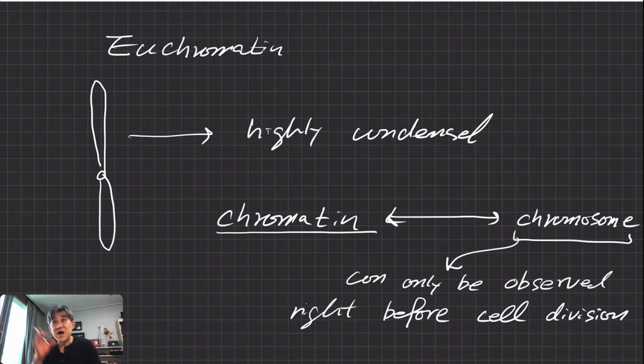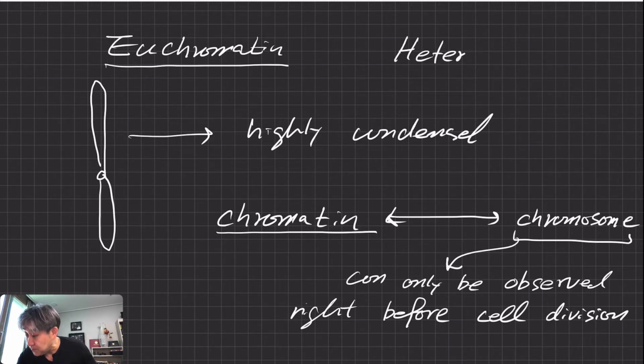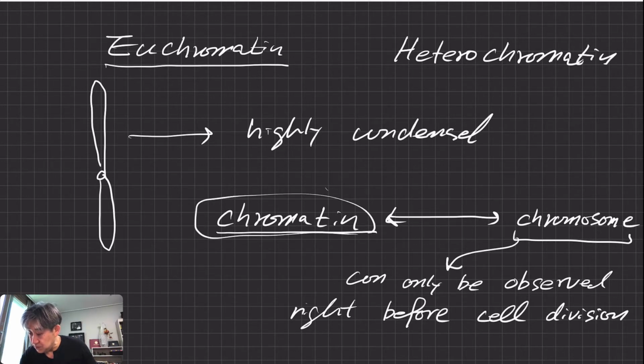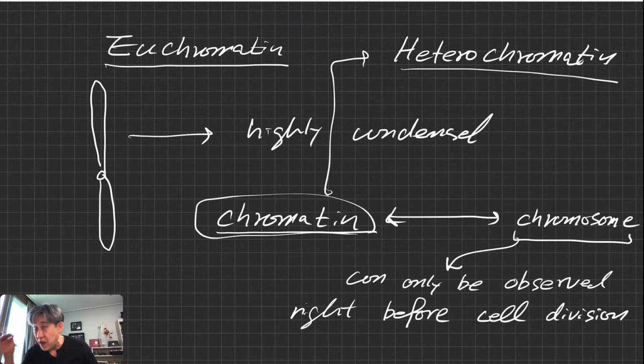One is relatively highly condensed, which we call heterochromatin, and the other is euchromatin. So heterochromatin is highly condensed, and on the other hand, when it is more relaxed and loosely organized, it is euchromatin.